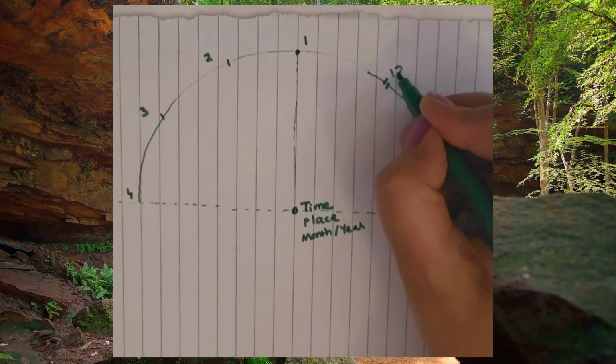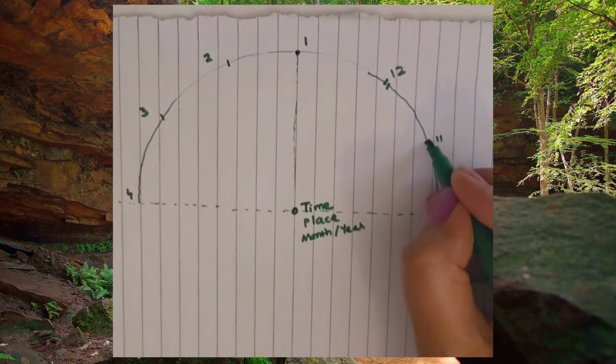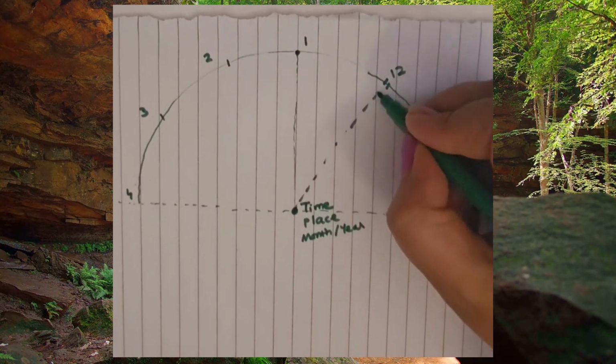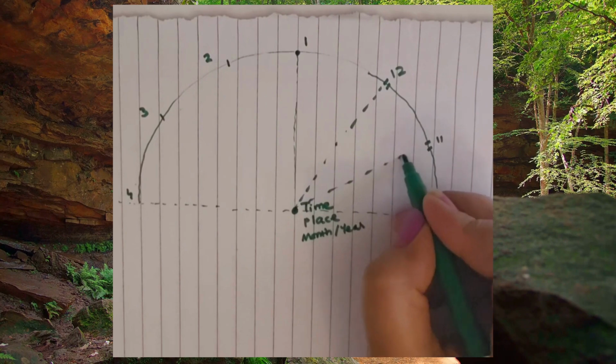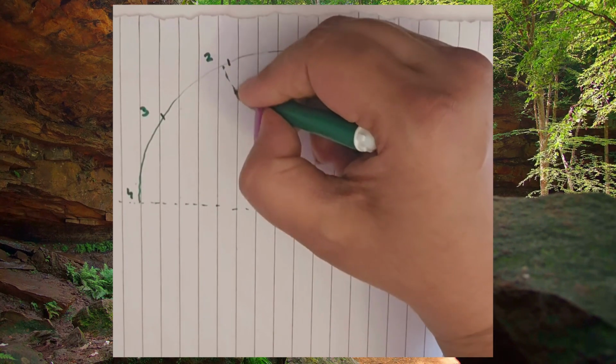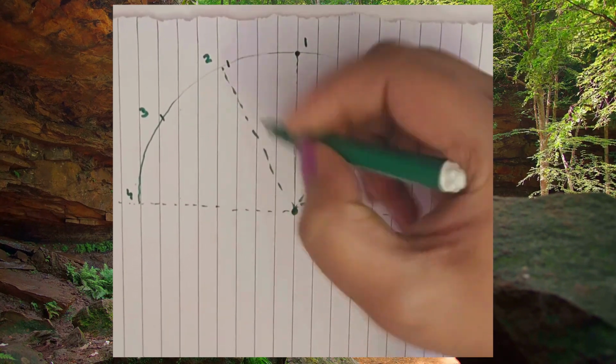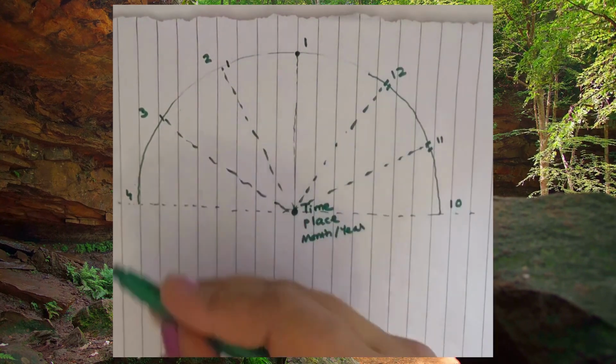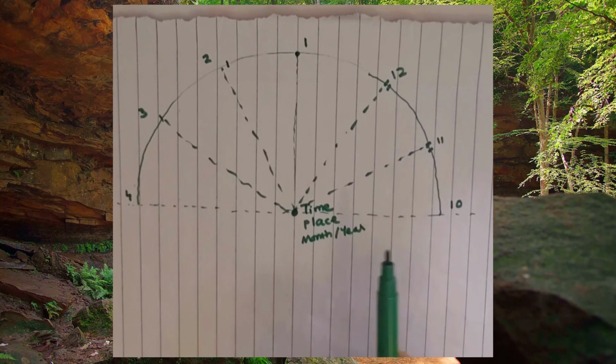Maybe let me draw somewhere here. So we have, let's say, 11 here, right? Now if I just connect these lines, right, it will be something like this. Correct? So this entire sphere we had divided into 12 parts.